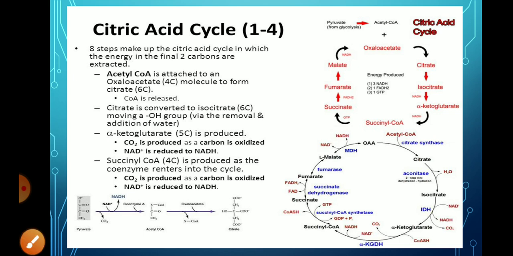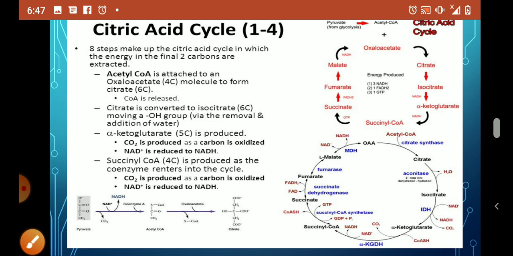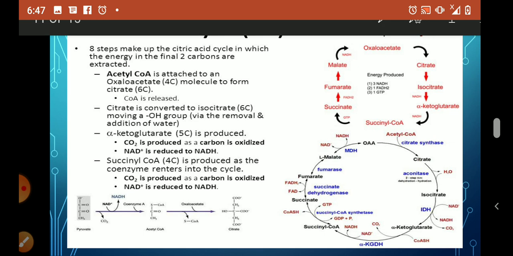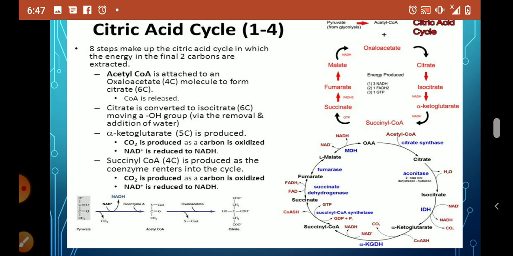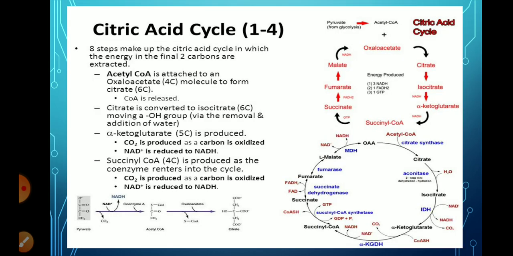The first reaction in that is acetyl coenzyme A attached to oxaloacetate, a 4 carbon molecule.